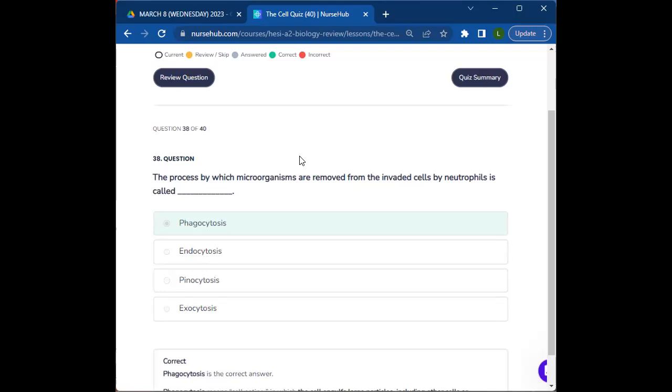So keep in mind that phagocytosis is eating, and there are lots of white blood cells that will use phagocytosis to digest bacteria or dead cells or debris. And especially macrophages. Macrophages are infamous for this. In fact, it even has phage in it, which is supposed to mean eating.